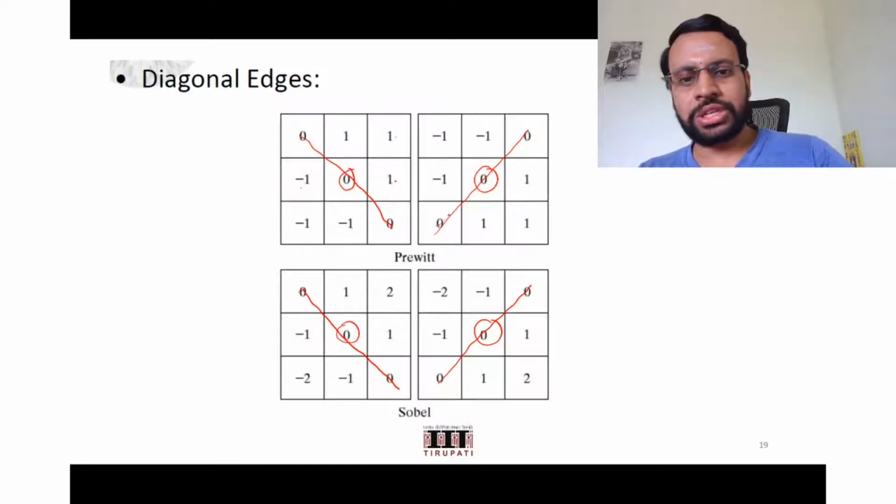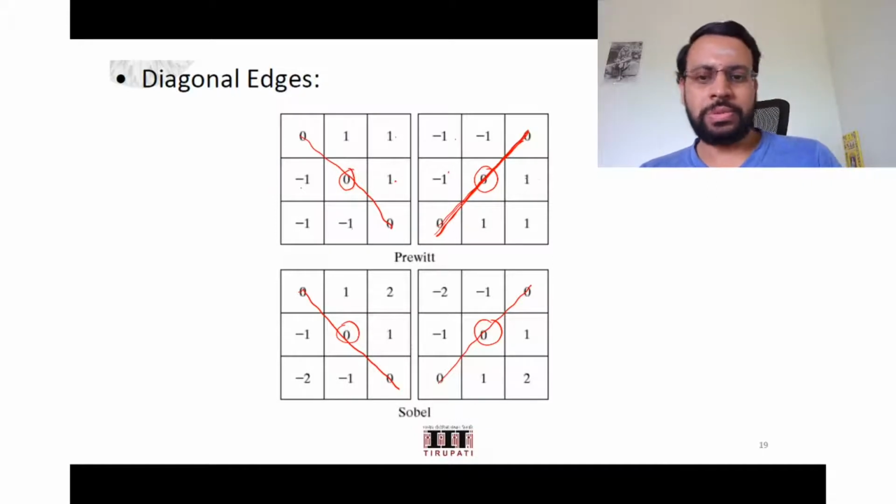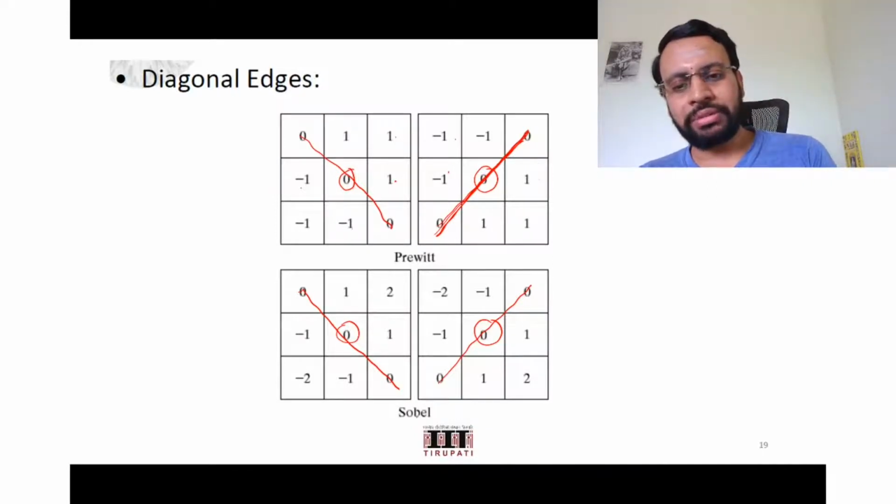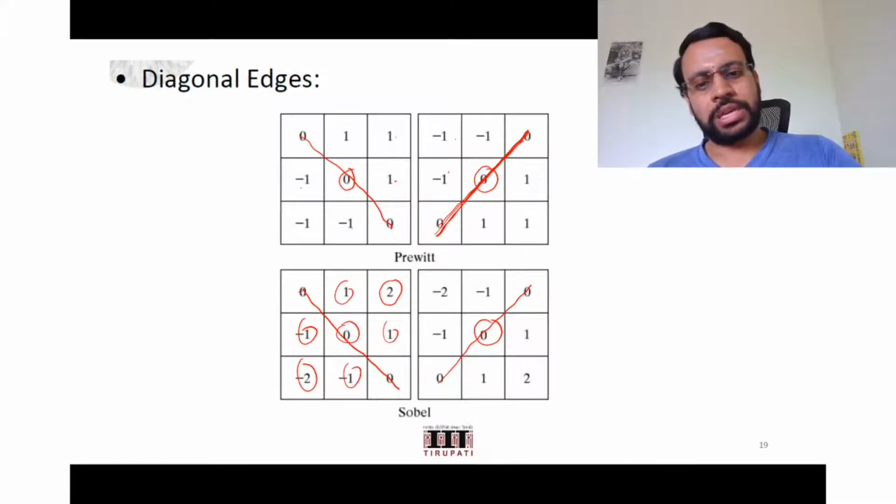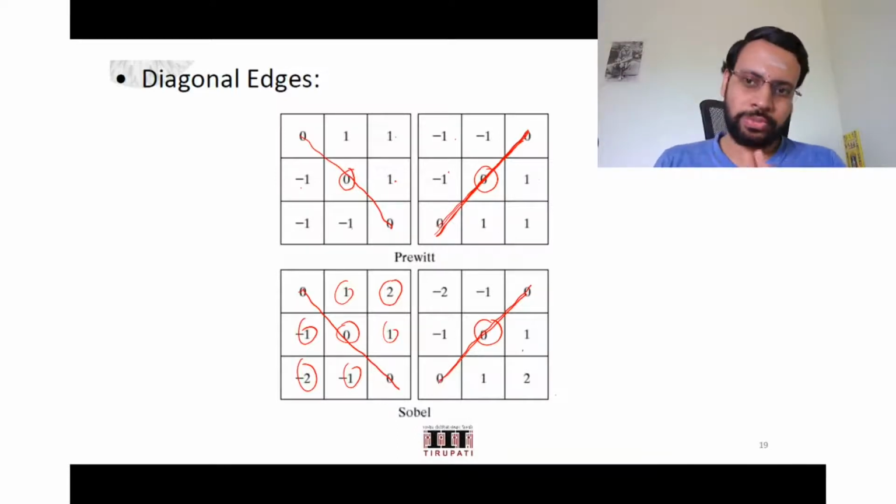Same, now this edge you want to find out, so you are going to take differences at the pixels of -1 1 -1 1 and -1 1. Similarly in case of Sobel, double the weight would be given to the central pixel, so you could see here 2 -2 and then 1 -1 1 -1. Similarly here this is -2 2 -1 1 -1 1. Hope this is clear to you.